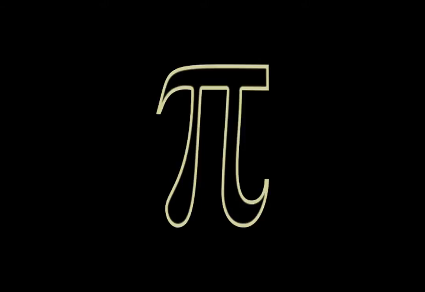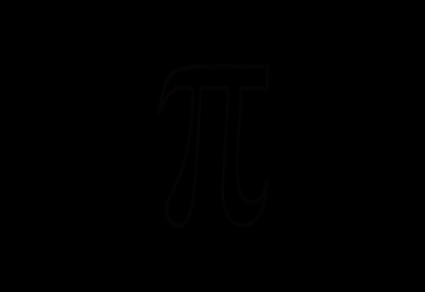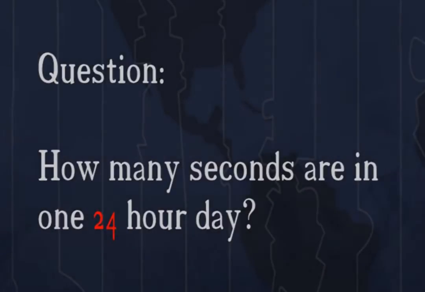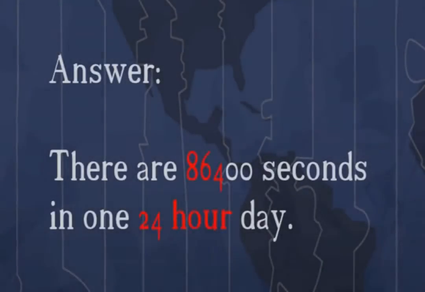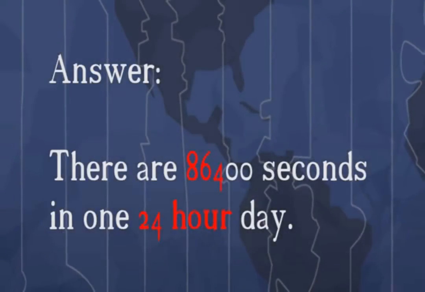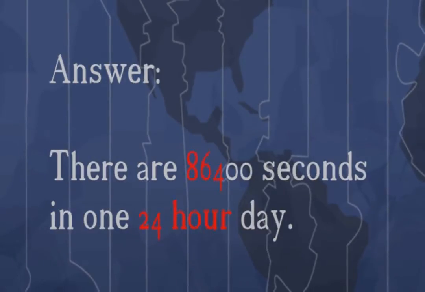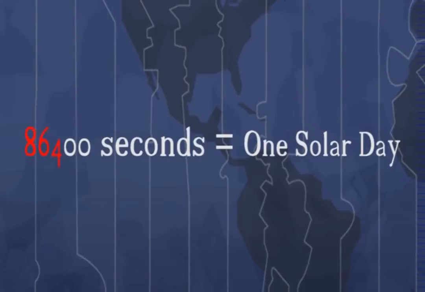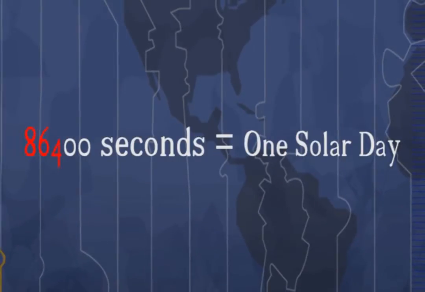But before we get to this, let's see the power of this number 864. Here are a few facts. There are 864 seconds in a 24-hour day. So, 864 seconds equals 1 solar day.